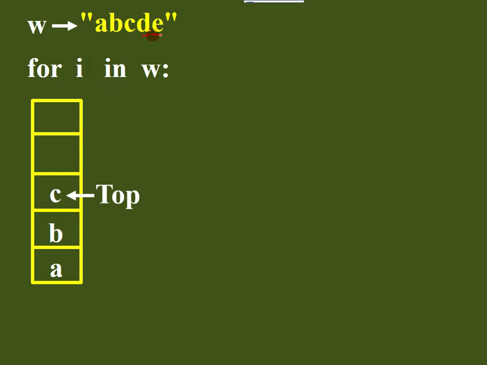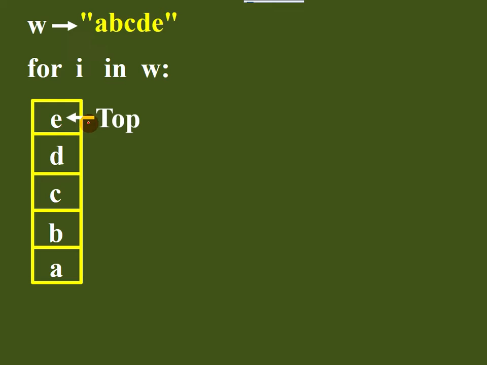Similarly d and e. So d is pushed, and finally e is pushed, and top points to the topmost element. Now in order to reverse the string, you pop each and every element from the stack and you concatenate that with a string variable, say for example r.